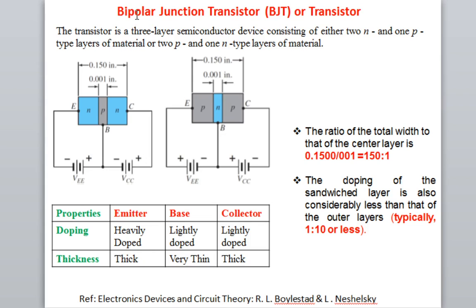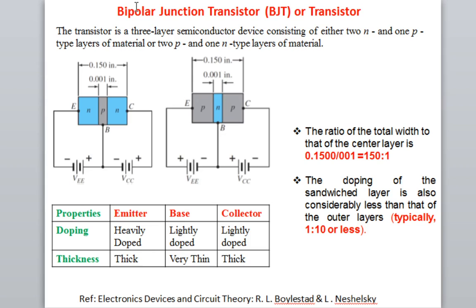Bi means two, polar means polarity. A transistor is a bipolar device, meaning a device in which there are two types of charge carrier.